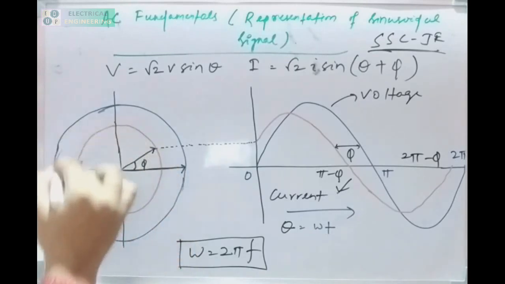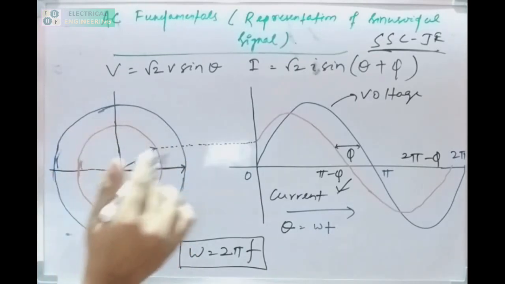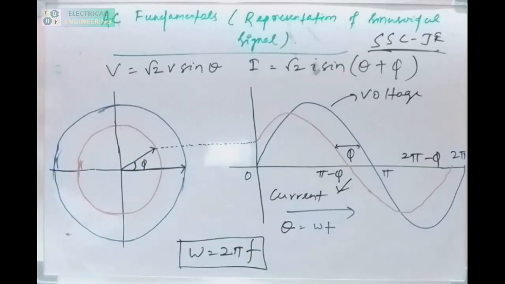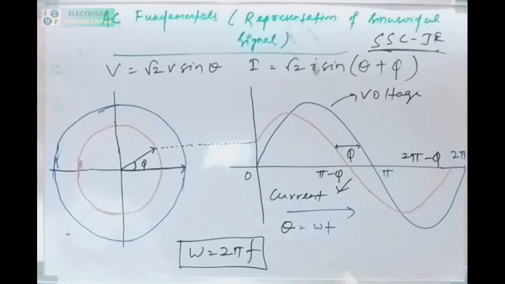There is a radius for this circle, and this radius is the RMS value of the quantities. So this is the phasor representation and this is the waveform. Just remember this much, and you will be able to solve every question based on the representation of a sinusoidal signal. I'll give you more questions on this, so just note it down.